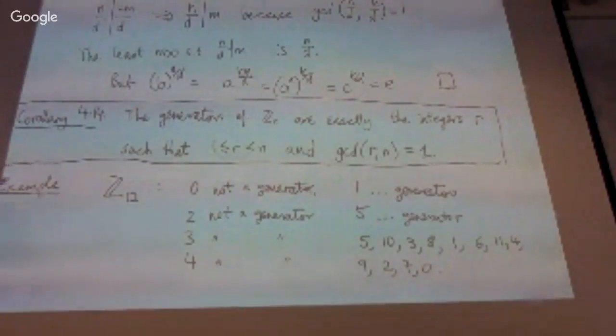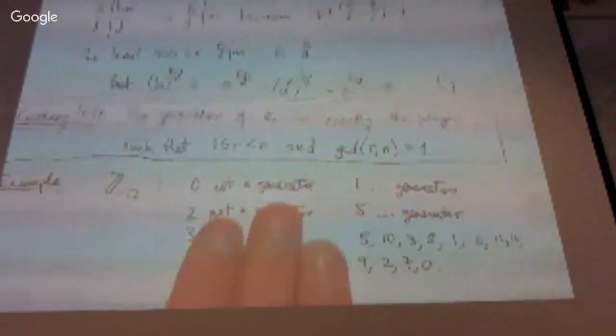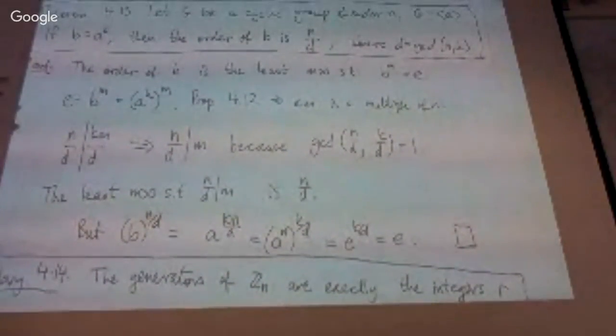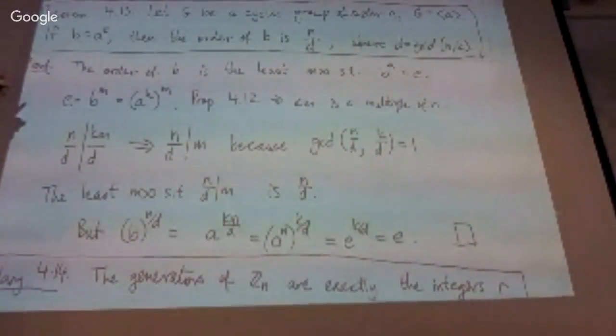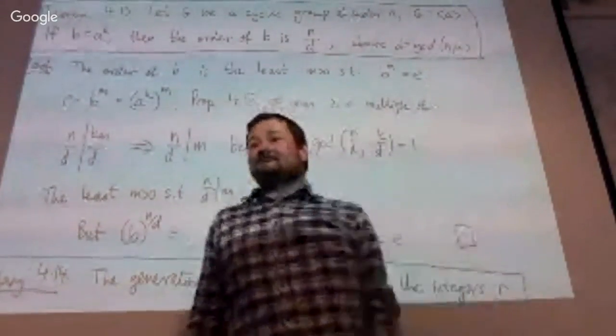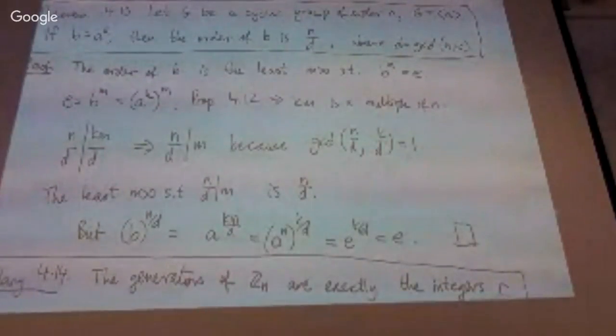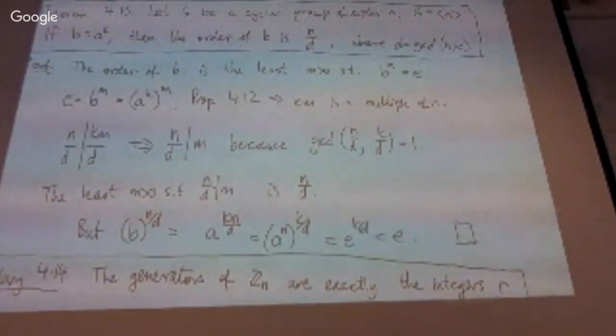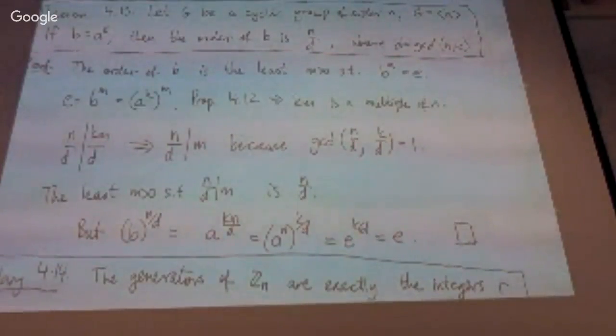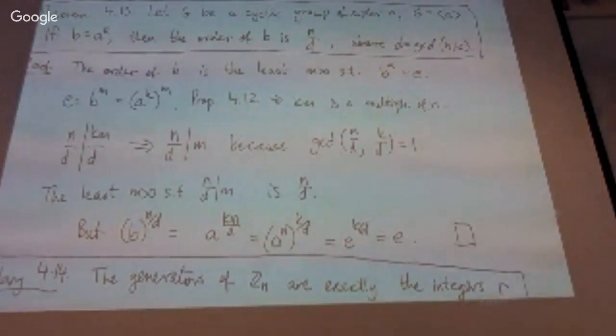And that follows from this, because what is a generator? A generator is an element whose order is n, and its order is n if and only if d is 1. Any questions?